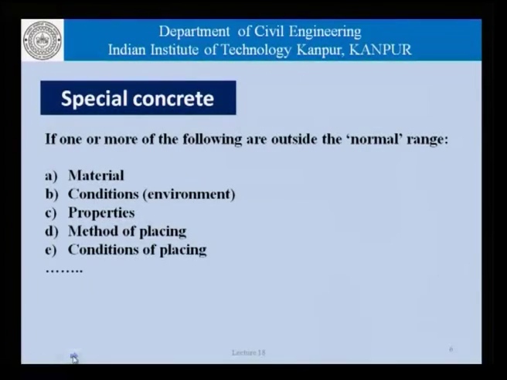Method of placing, whether it is being placed using tremies, chutes, shotcreted, or normally placed using pumps, any of these operations can make the concrete special. The conditions of placing, whether it is windy or it is chilly and so on.